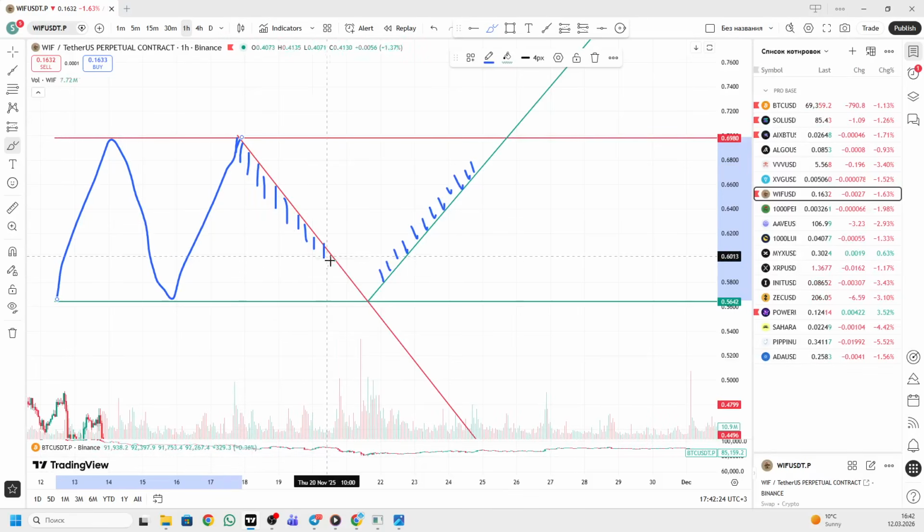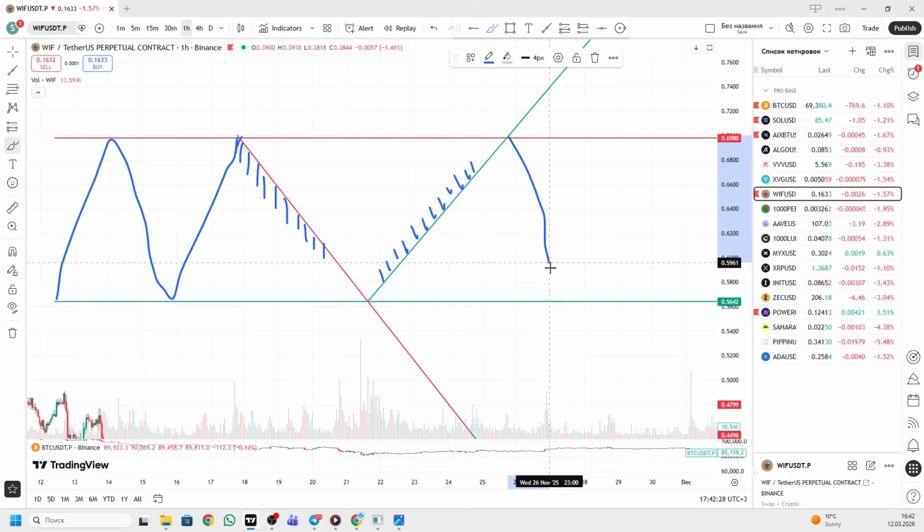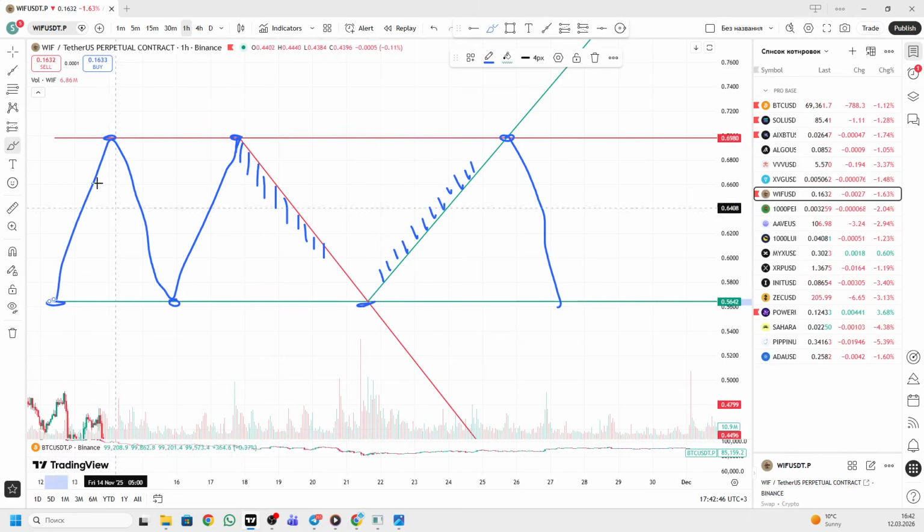Then again it goes down, then up, then down, so this is strong level. You have touch here, you have touch here, here, and down here. So this is strong levels.